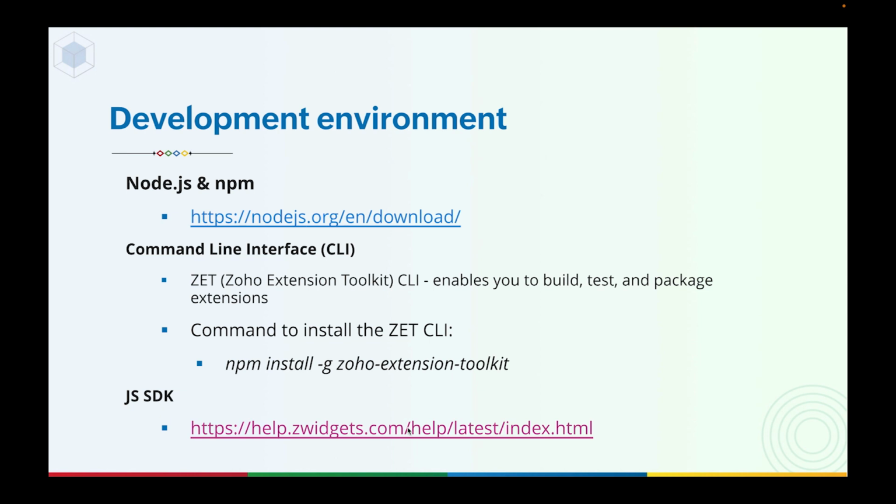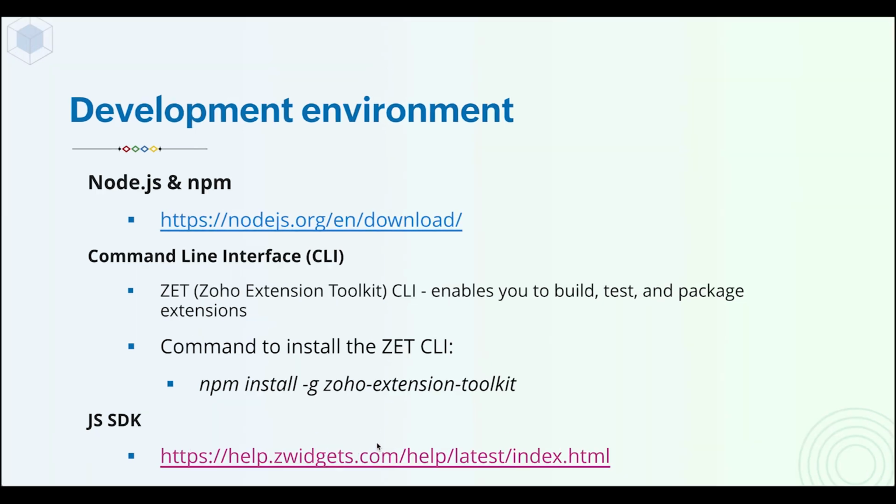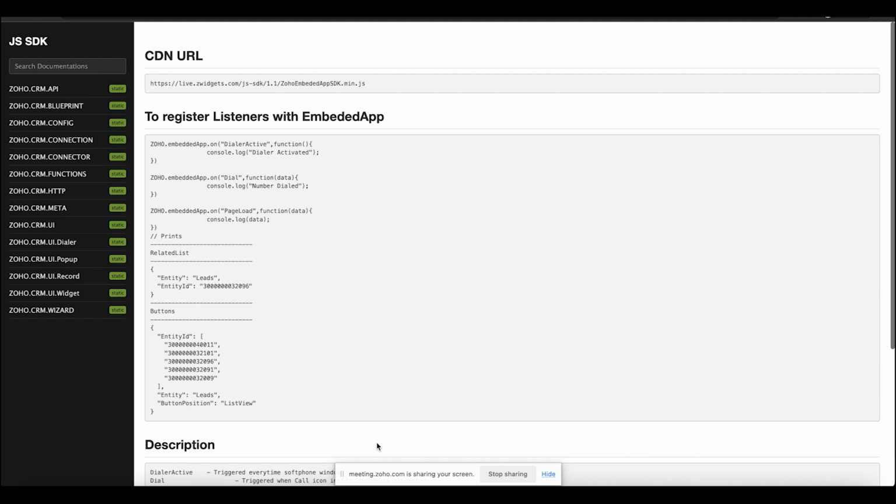Let me enter into this link and let's check it out. These are the JS SDKs that are provided by Zoho CRM that essentially allow your JavaScript code to communicate with the extension.